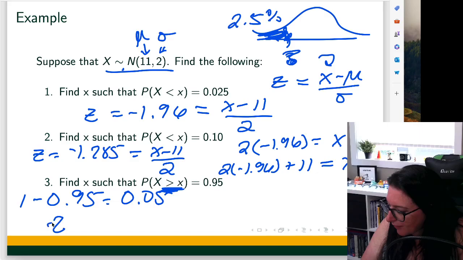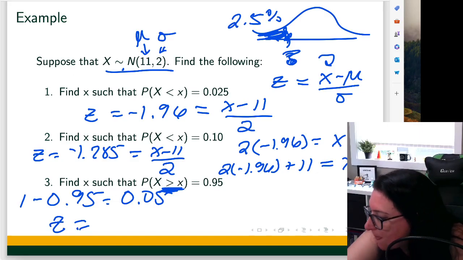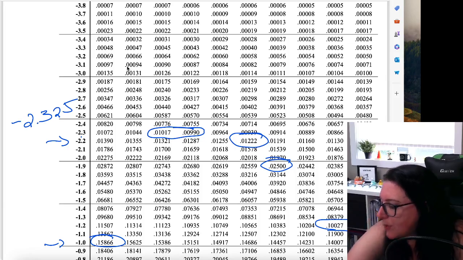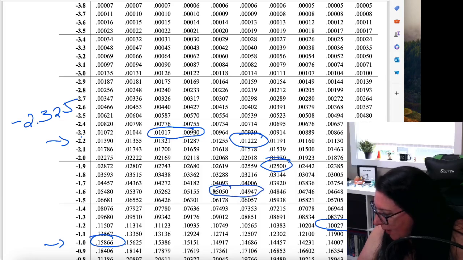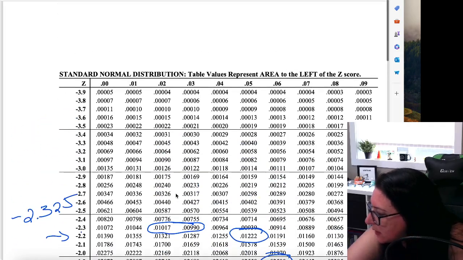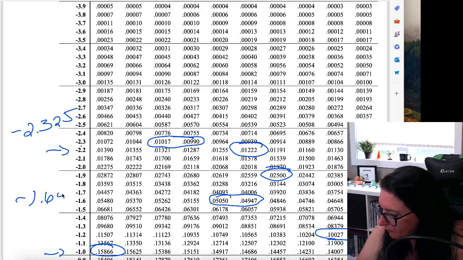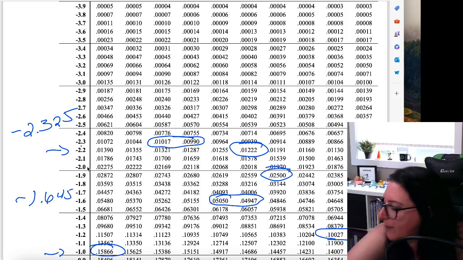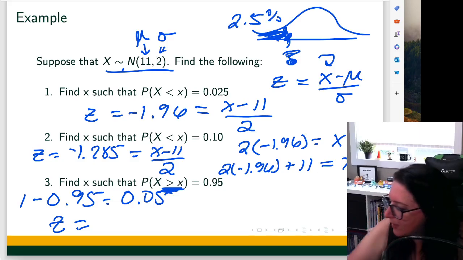So now we need to find the z-score that goes with 0.05. Make sure we have the right number of decimal points. 0.05. 0.0505, 0.04947. This is happening at 1.645, right, halfway in between. Negative 1.645.